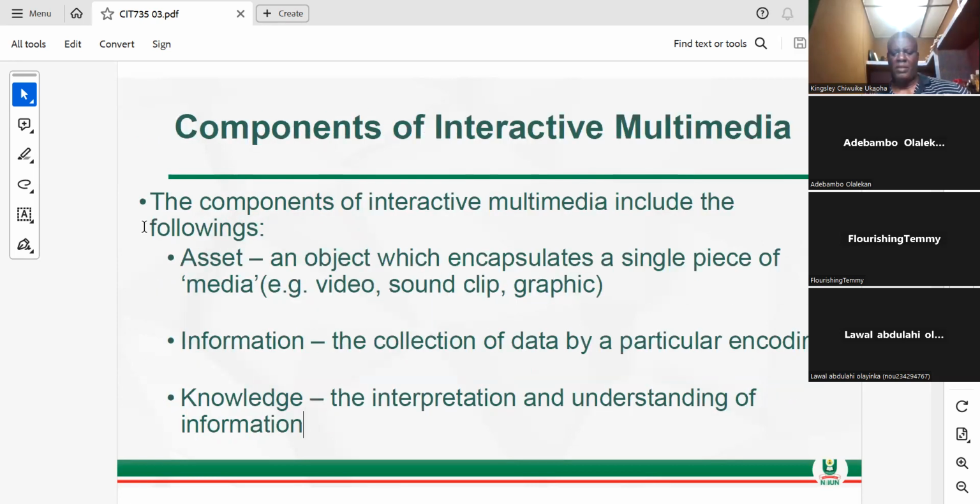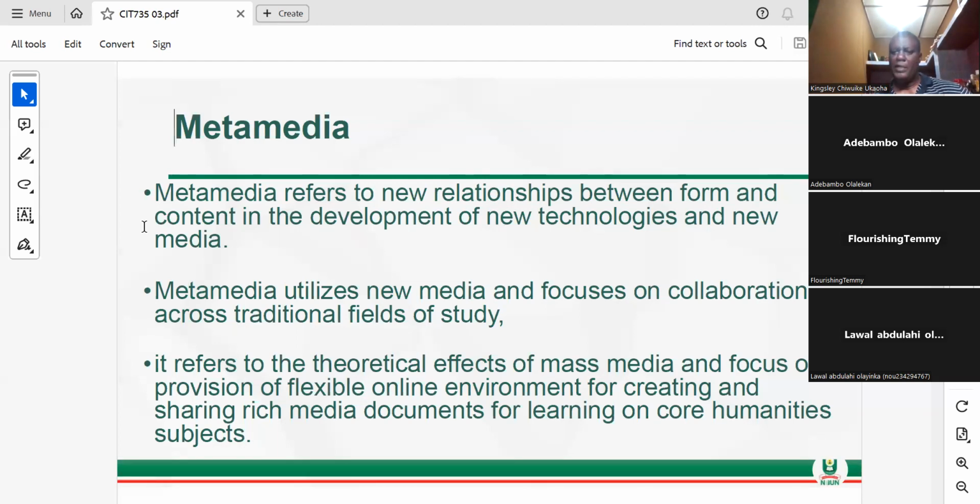So when you are talking about metamedia, new relationships between form and content. Content here means what is inside. Form means how it is supposed to be presented. So even when you are developing new technology, you think about the content, what you are going to record. Form, how is it going to be? Is it going to be in the form of video?